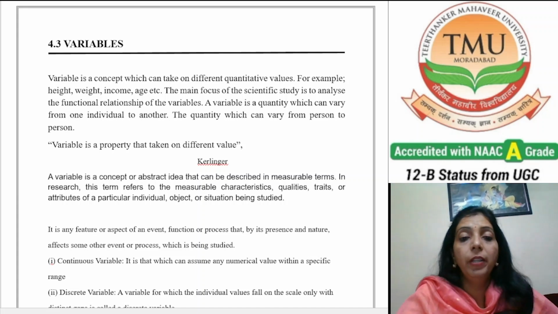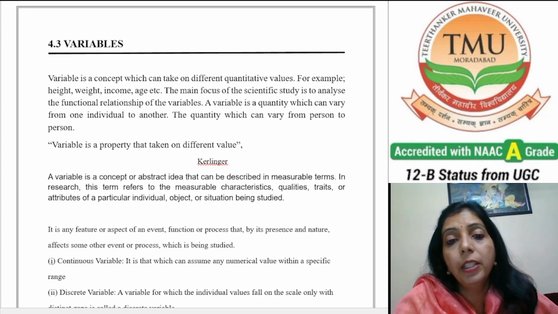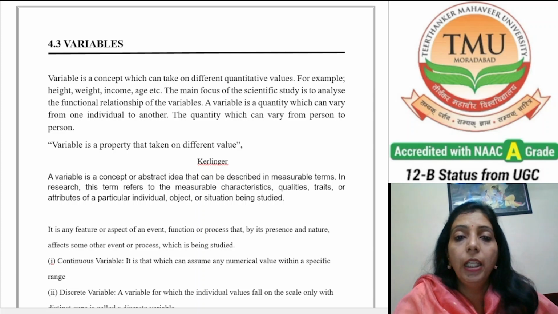So, independent variable in this study, what will be the independent variable? Can you think for a minute? Yes, the independent variable will be level of schooling. You cannot change it. Four categories.